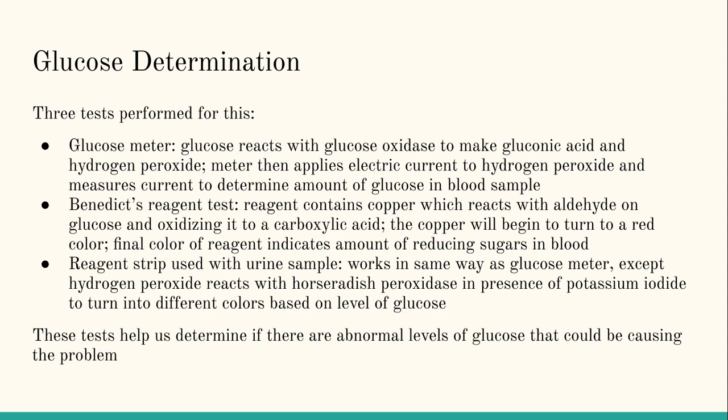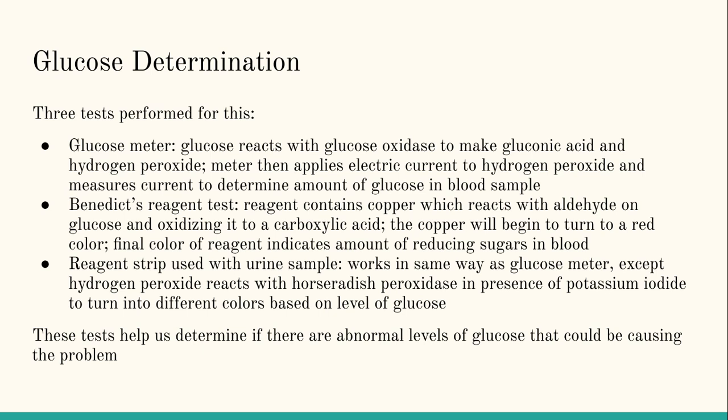The reagent contains copper ions in it, specifically copper 2, which reacts with aldehyde on the glucose and oxidizes it to make it a carboxylic acid. The copper will begin to turn to a red color while it's doing this, and the final color of the reagent can indicate the amount of reducing sugars in the blood.